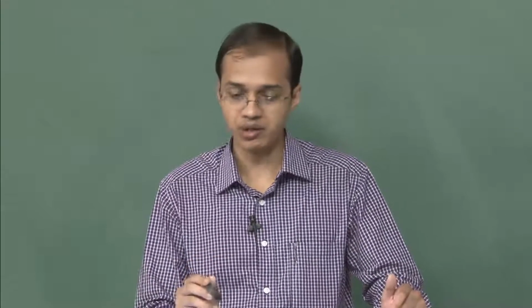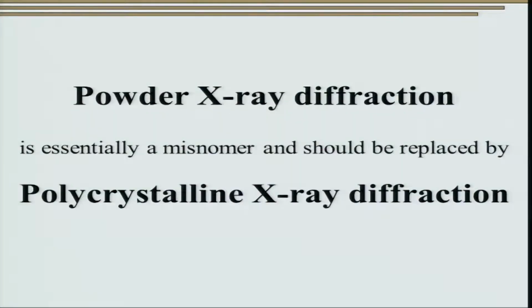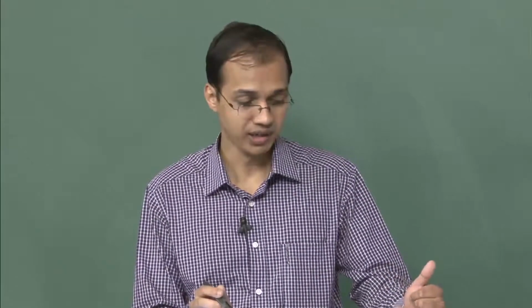And hence, I personally believe that powder X-ray diffraction is essentially a misnomer, and it should be replaced by polycrystalline X-ray diffraction, since polycrystalline X-ray diffraction encompasses all the information pertaining to the size, strain, and crystallographic texture which is relevant to a given microstructure.